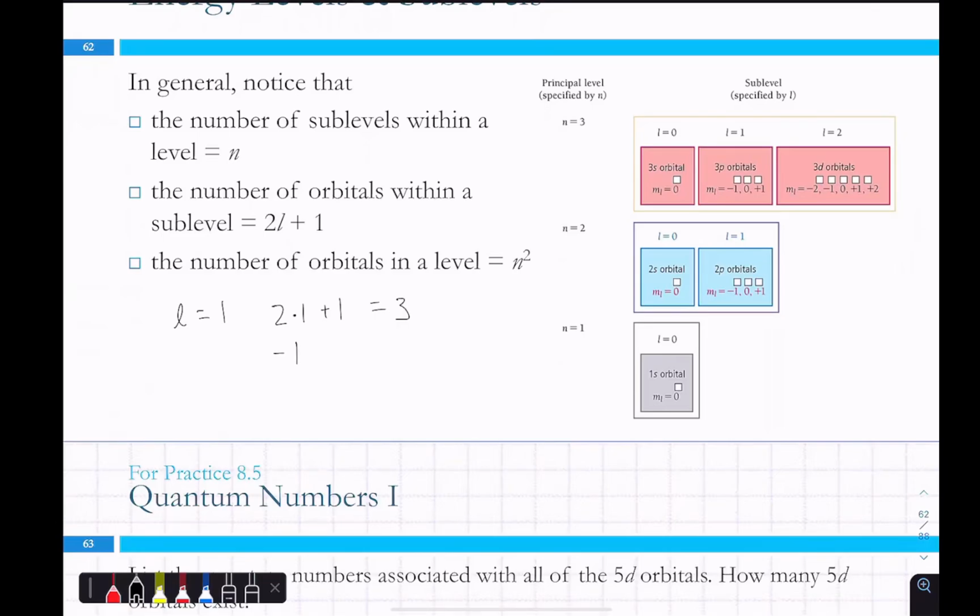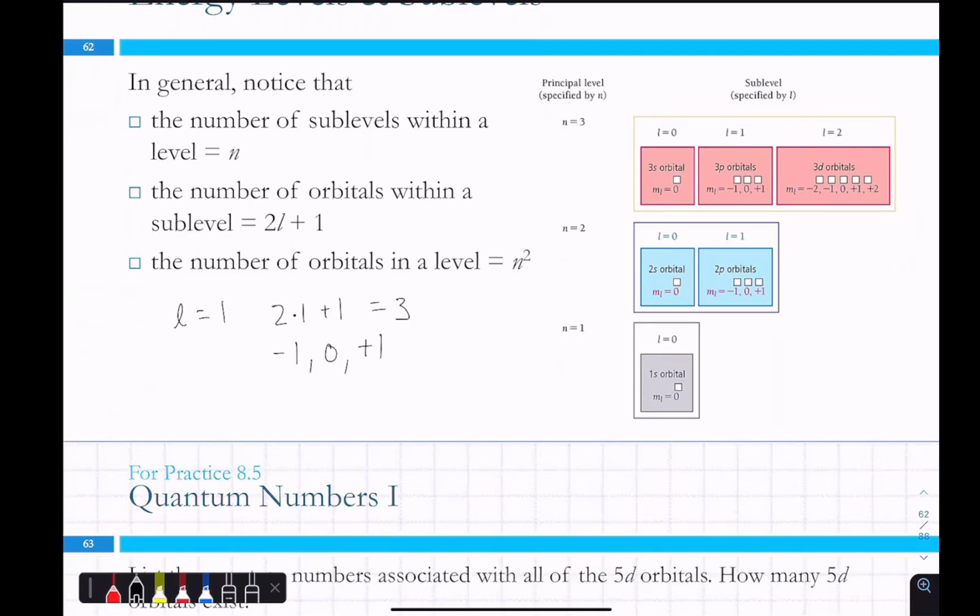And that's -1, 0, +1, that's 3. So there's always going to be the same number of orbitals on either side of 0, and then the 0 itself. So we take the number, multiply by 2, add 1.